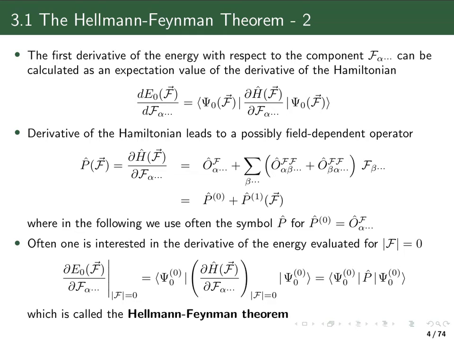I introduced the notation where we split up these first order linear terms and second order quadratic terms into components of the field and an operator which only includes operators related to the electrons, like position vectors or canonical momentum vectors. Those are called O, with the superscript F if linear in the field, and with two Fs in the superscript if quadratic in the field.